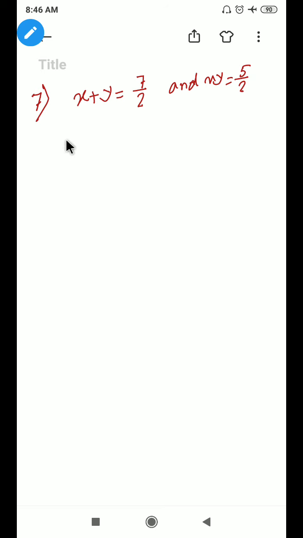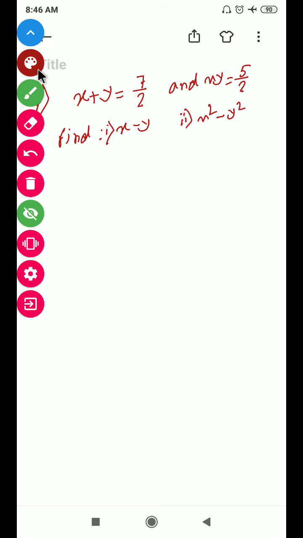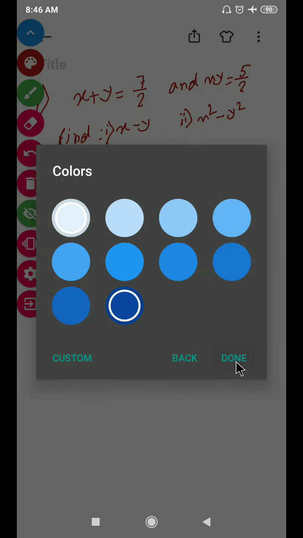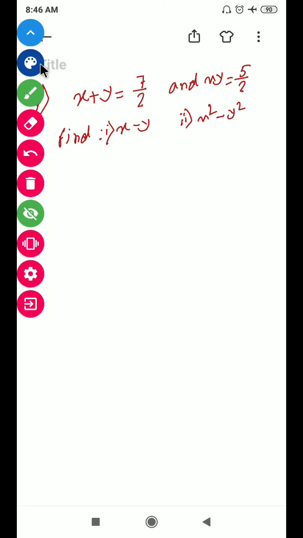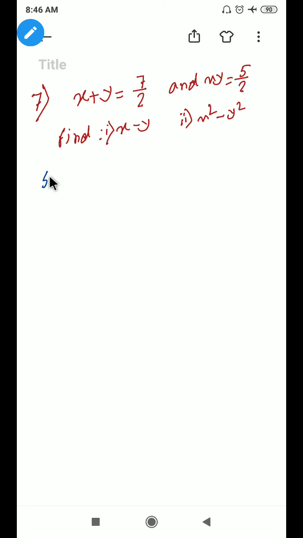You have to find number 1, x minus y, and number 2, x square minus y square. Now go to the solution.